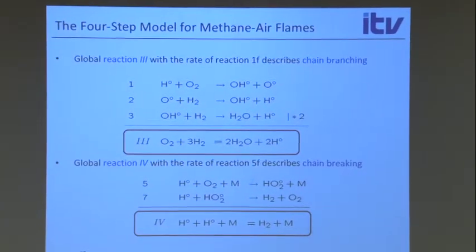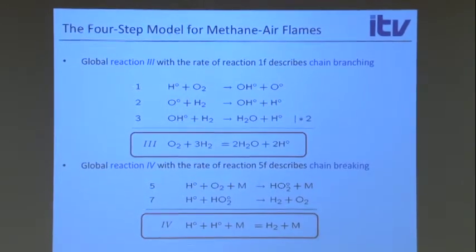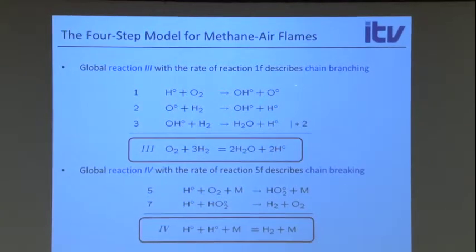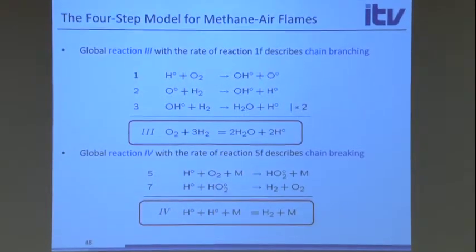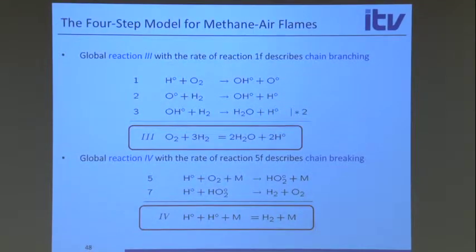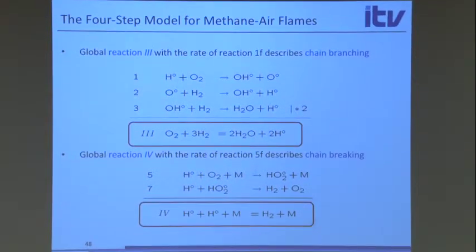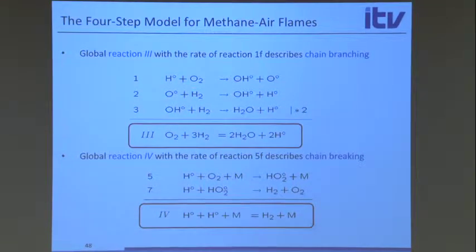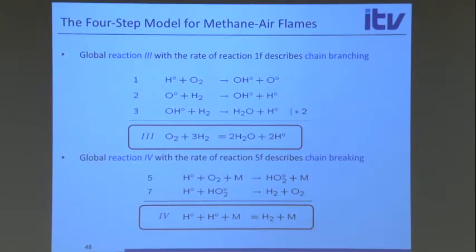We said this is a very important reaction. This produces radicals, and we now want to express the action of this just by the species which are not in steady state. Steady state really means, for example, in this reaction we form O, but this here is a slow reaction.